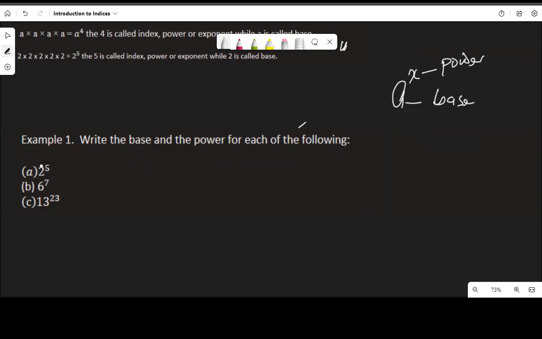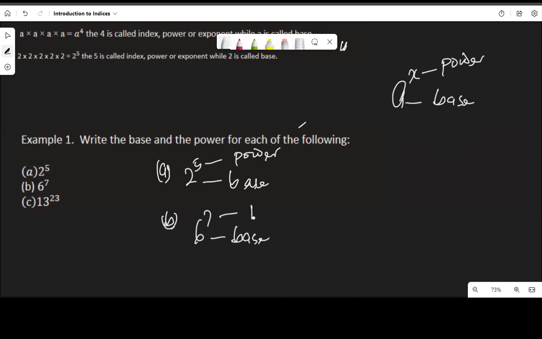So in this case, 2 to the power of 5, 2 is the base, while 5 is the power. That is our answer for question A. Then for B, 6 to the power of 7, 6 is the base, and 7 is the power.